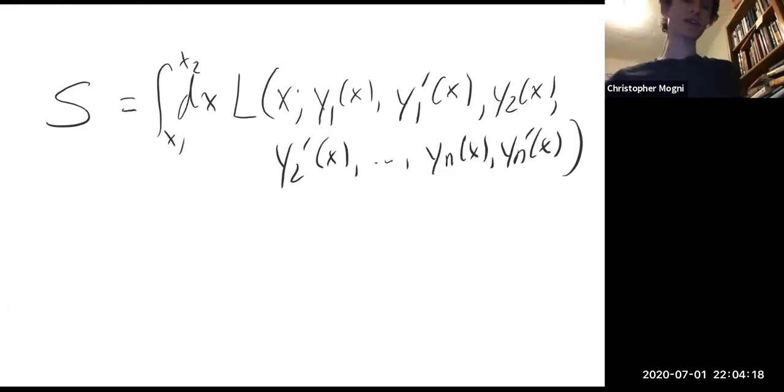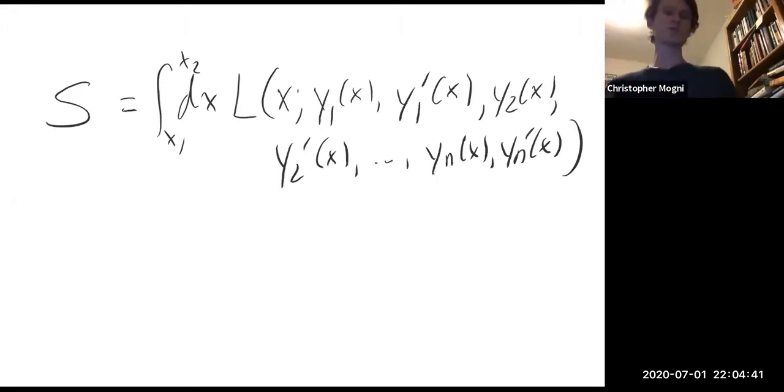So this is going to be very similar to what you've done before, except for one catch. You can't vary every function that shows up in this integrand by the same amount, namely by the same eta that's been showing up in all of our problems. Why is that, you might ask?